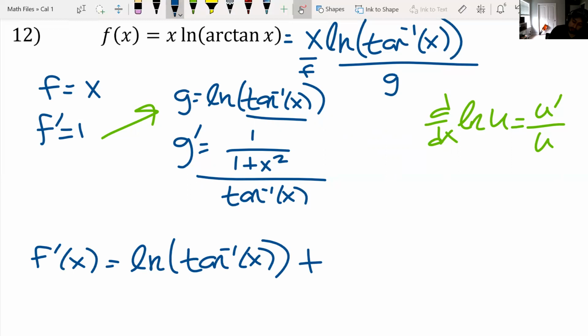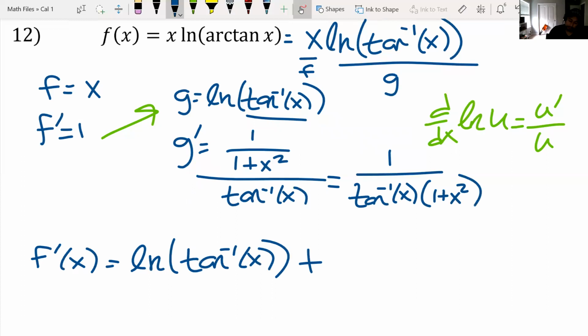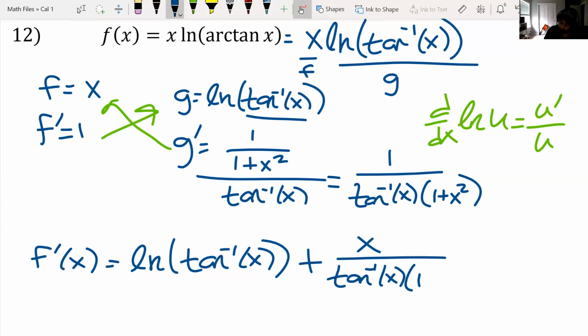oh, I can rewrite this before moving on. So let's make this look pretty. This just becomes 1 over inverse tangent of x times 1 plus x squared. Okay, and then g prime f, that becomes x over inverse tangent of x times 1 plus x squared.